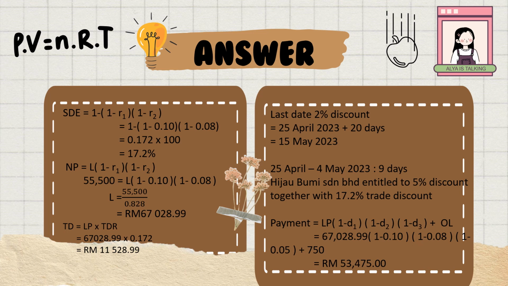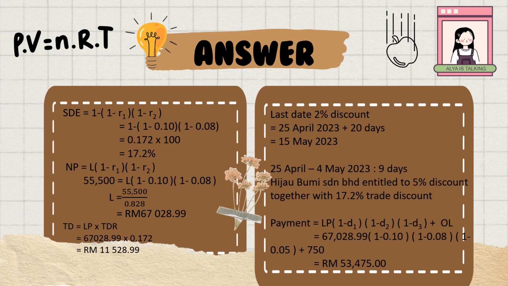Question D. To find the amount paid if full payment was made on 4th May 2023, we must count how many days the payment was made after the invoice date. So 25 April to 4th May 2023, and the answer is 9 days. Since the payment was made within 10 days after the invoice date, we use 5% as the cash discount rate.